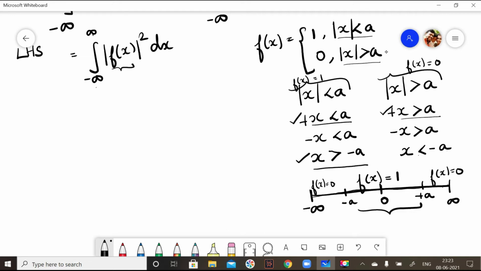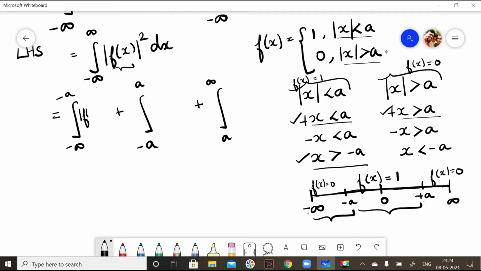Yes, now can I rewrite the limit? The limit can be written as minus infinity to minus a, plus minus a till plus a, plus minus a to infinity, where the function is the same. Okay, so this is modulus of f of x the whole square dx.